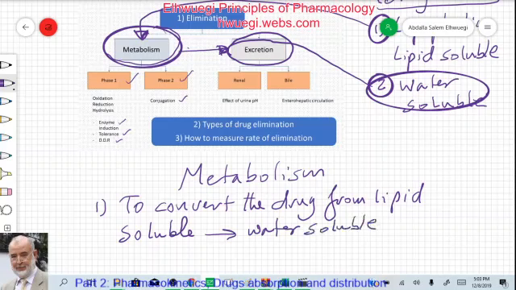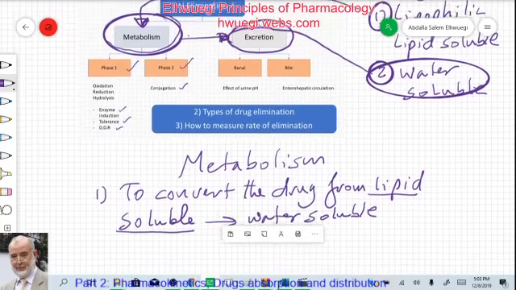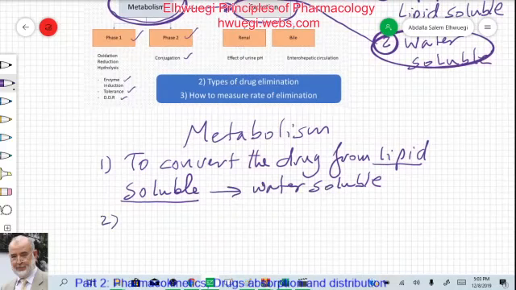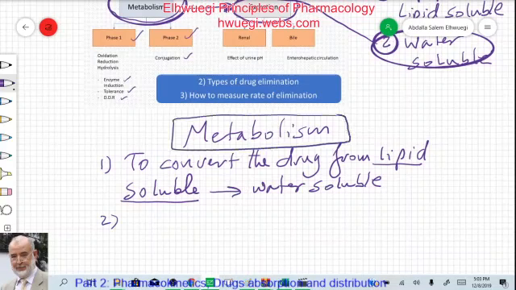Why? Because we know that the lipid soluble fraction can cross biological membrane, therefore it will be reabsorbed and can be returned back to the general circulation. This is the first function of metabolism, to convert the drug from lipid soluble to water soluble that can be excreted through different excretory routes, as we will see later.